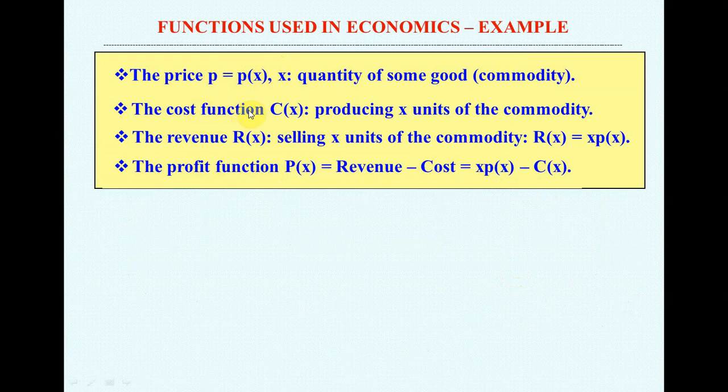For any manufacturing, we can find the cost function, like the total cost when s units of some good are produced. By selling these units, we get the revenue. So revenue is the quantity multiplied by the price. And finally, the profit function will be revenue minus cost.